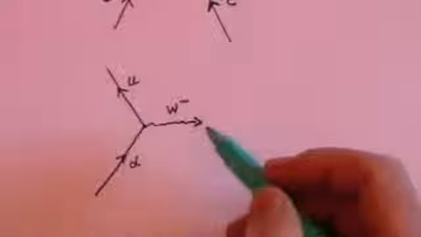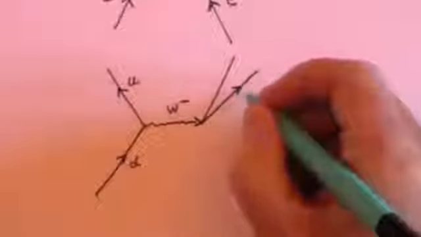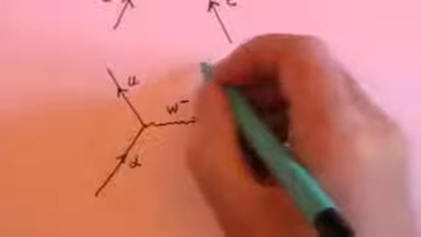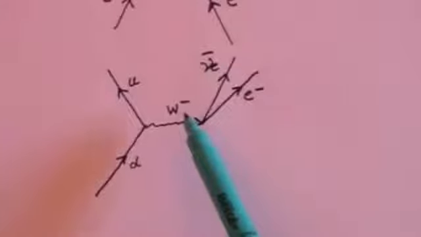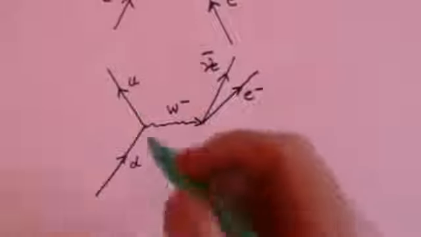But the W minus doesn't last very long before it decays into an electron and an anti-electron neutrino. The W minus is 80 times heavier than the neutron from which it was formed. Typically, you don't have individual quarks.